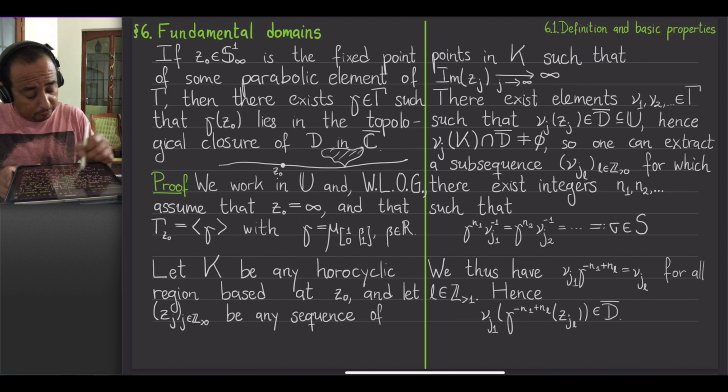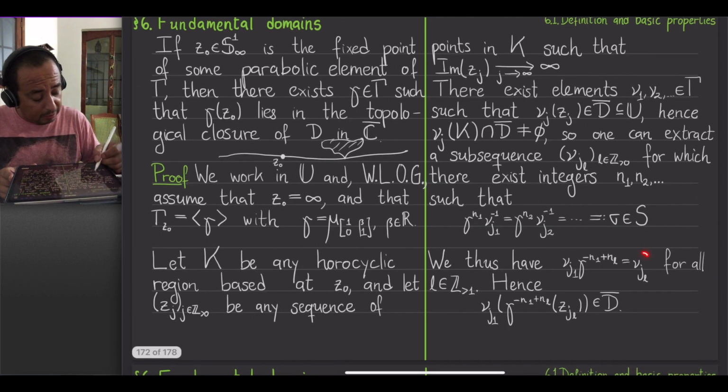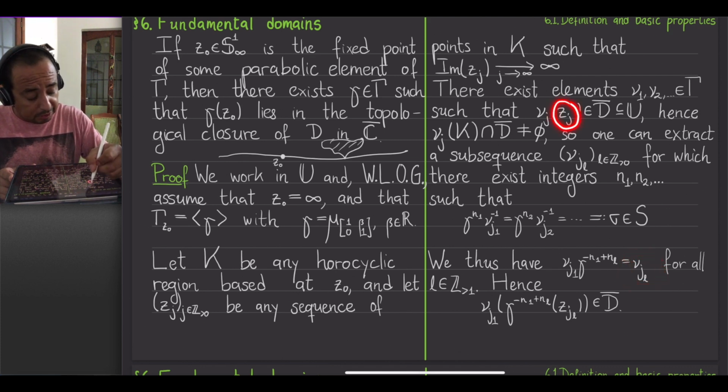Right? Okay, and now solve. So you see, for each of them, let's say to consider this equality, you can solve for nu J2, right? Kind of move things around to express nu J2 in terms of nu J1, and the same manipulation allows you to write nu JL in terms of nu J1 for all L. Okay, and once we do that, we apply nu JL, which then to set JL, which as we saw is in D bar.